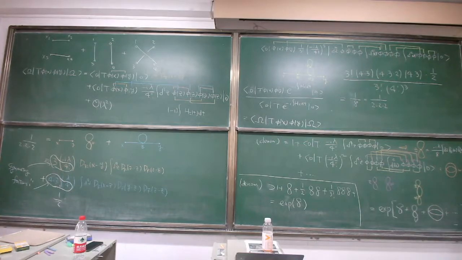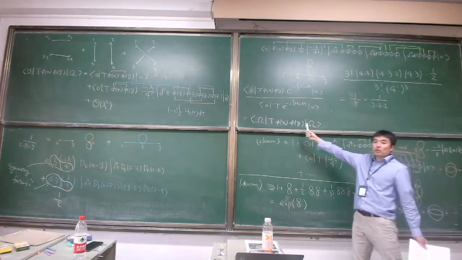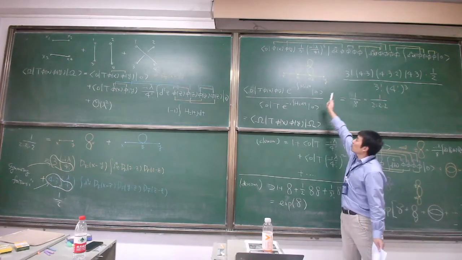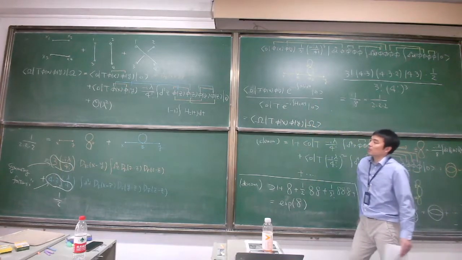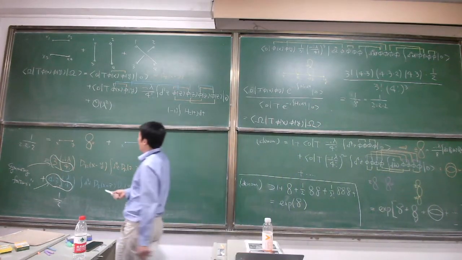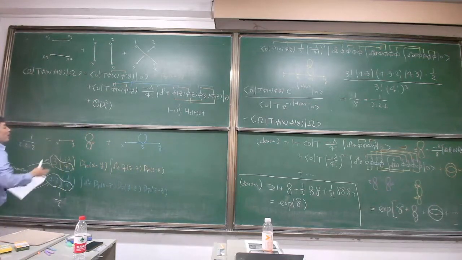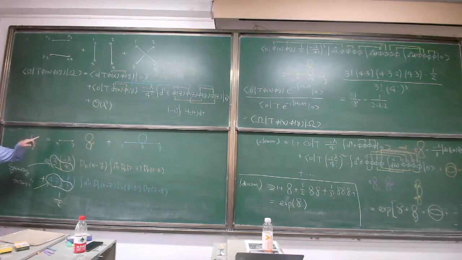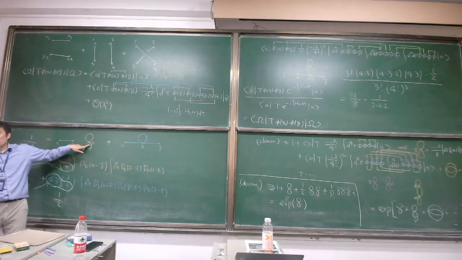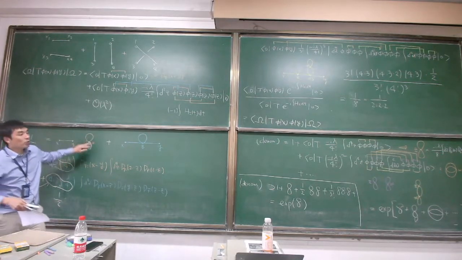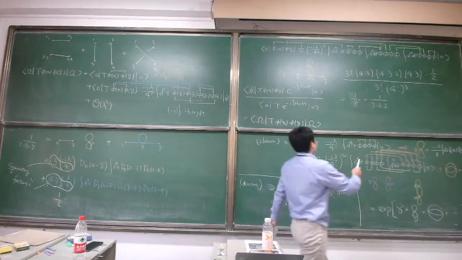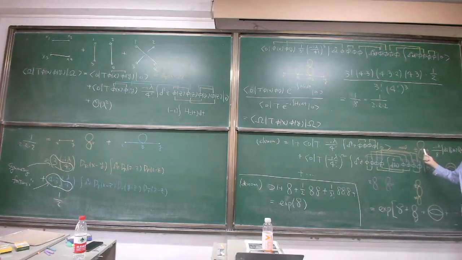And now, to compute the two-point correlation function in interaction theory, we have to divide the numerator by the denominator. And here we already knew that the numerator can have the external line, the diagram with endpoints, times the diagram without endpoints. Okay? So essentially, as you can easily imagine, this term will cancel with this diagram.